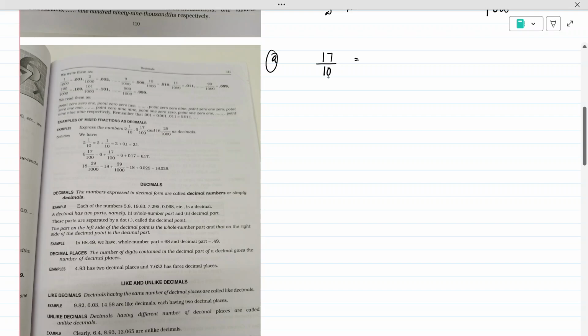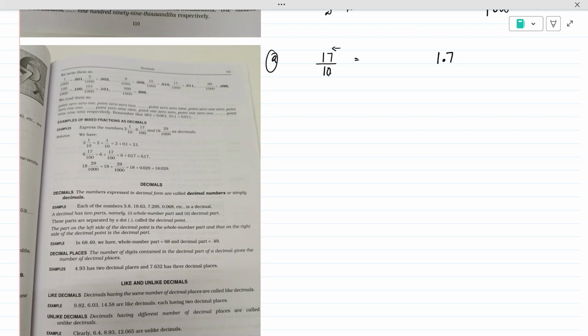If we have 1 zero in the denominator, that means the decimal will come after one place starting from the right. Just before 7 we put the decimal, so the number becomes 1.7. I hope you understood what we have done.